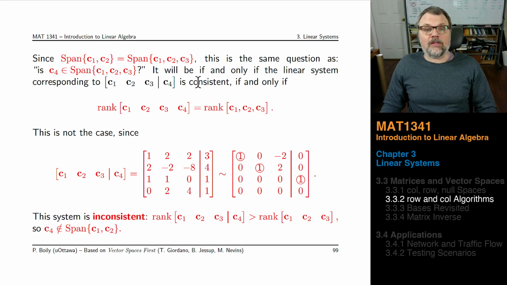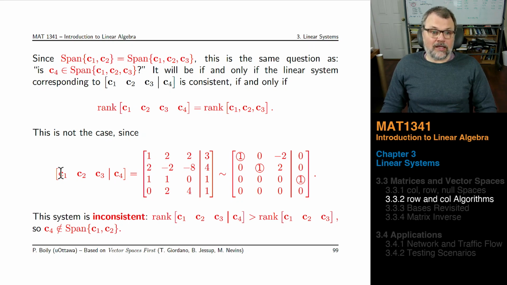That is going to be the case if and only if the linear system that corresponds to this augmented matrix is consistent, which is to say, if the rank of C1, C2, C3, C4 is exactly the same as the rank of C1, C2, C3, without having the fourth one. But that's not the case.